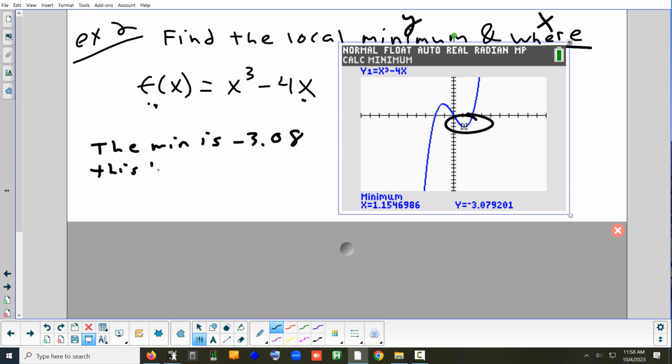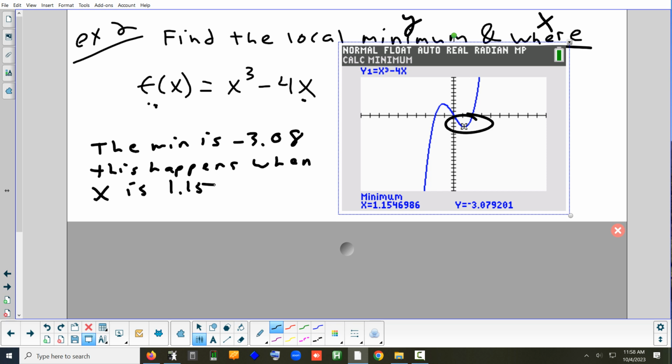So this is like, what number would you plug into the formula to get negative 3.08? You would plug in 1.15. That's the x value. That's the where. So the minimum is negative 3.08, and this happens when x is 1.15.